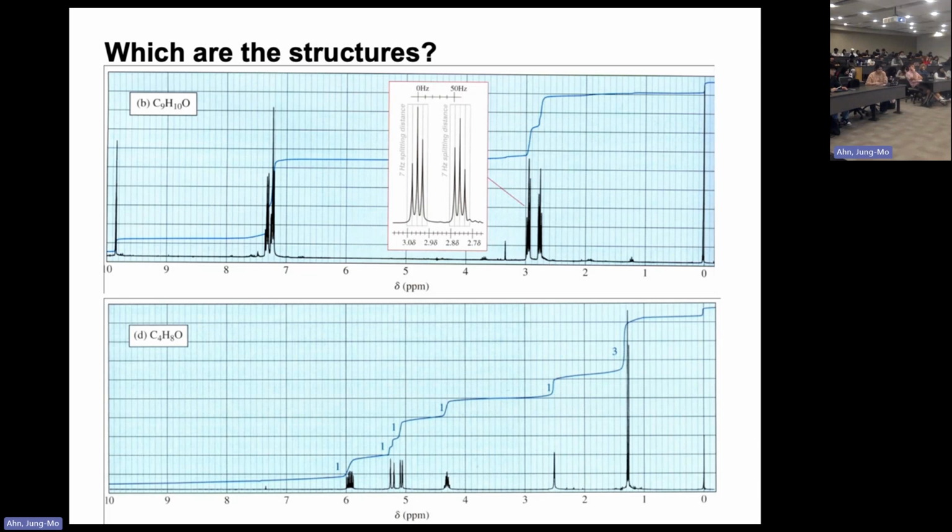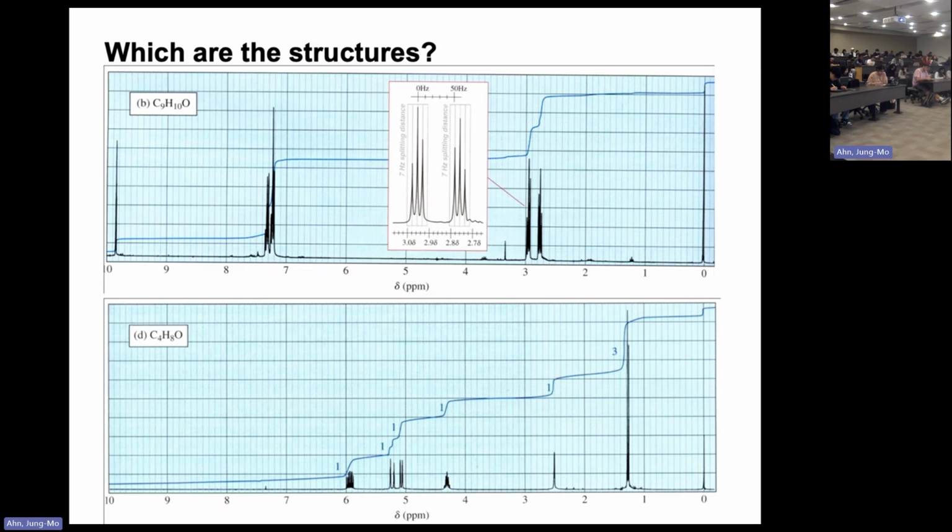Degree of unsaturation is the number of carbons, minus the number of hydrogens, and if there's any halogen, you also subtract the number of halogens. But if there's any nitrogen, you add the number of nitrogens, and plus one. So that is the degree of unsaturation.